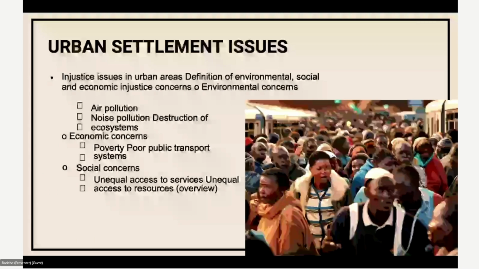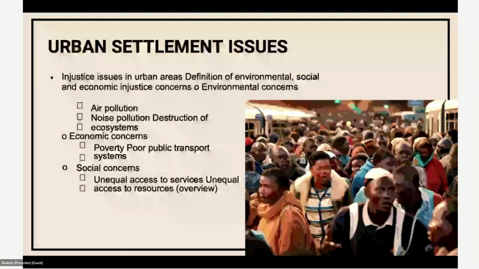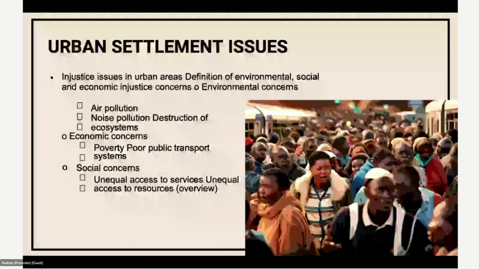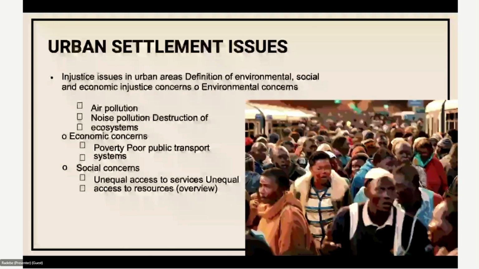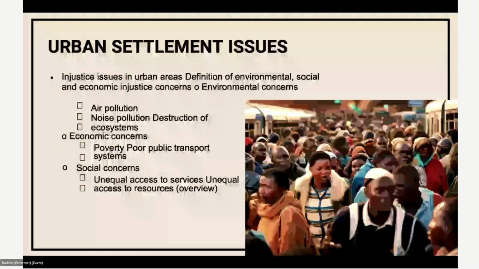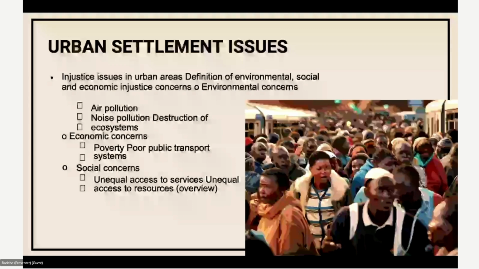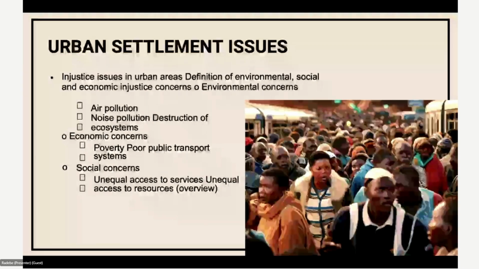These are the issues that are caused mainly by the industries and by people staying in that particular area. The biggest contributor to air pollution obviously comes from the different industries, and also noise pollution from the industries and from the traffic that we get. The ecosystem also has been affected most of the time.